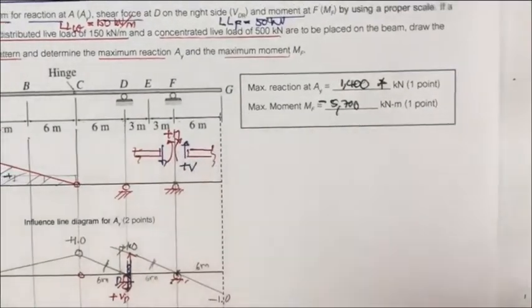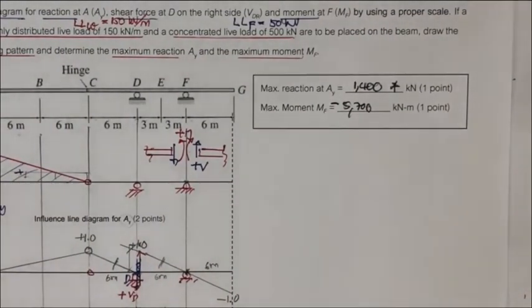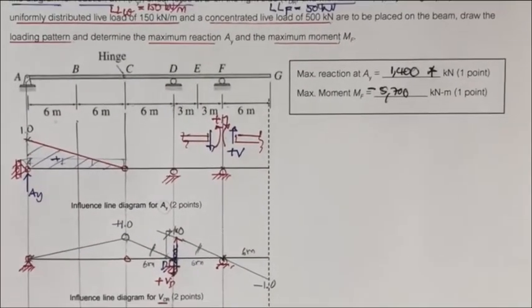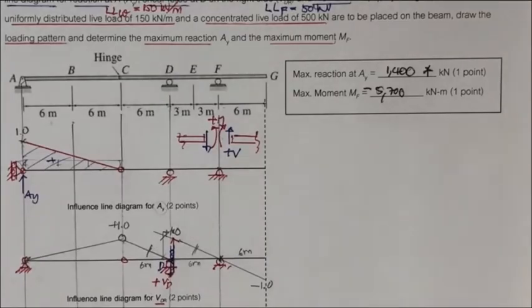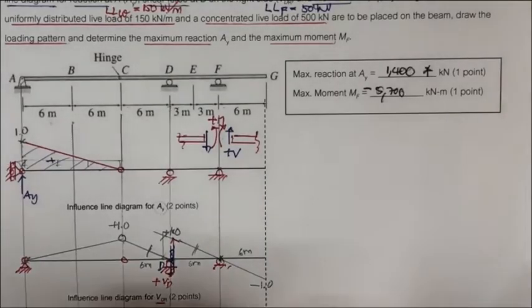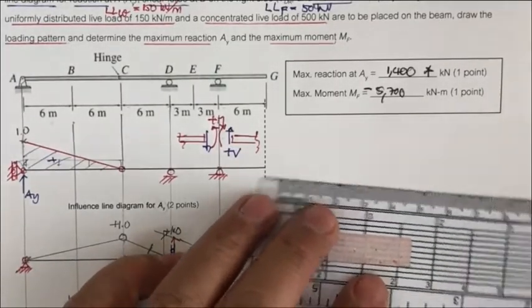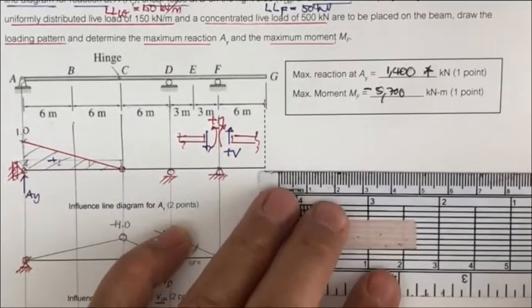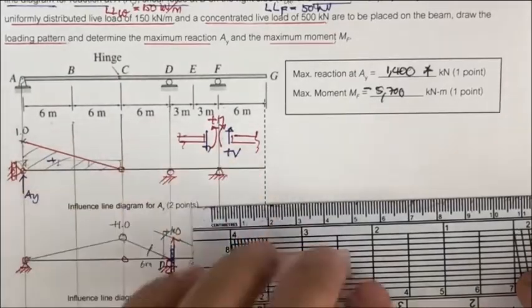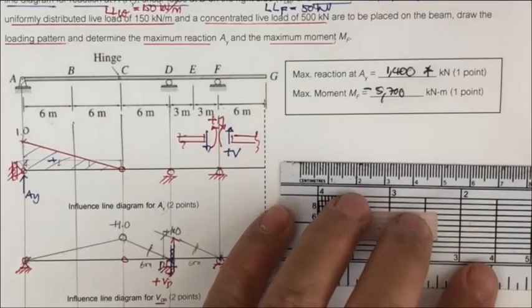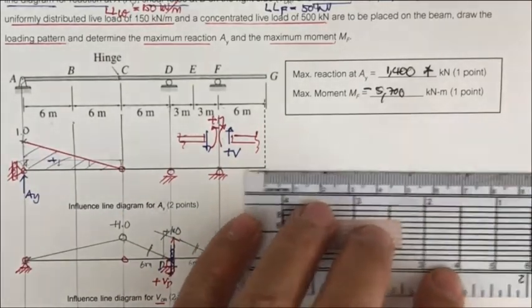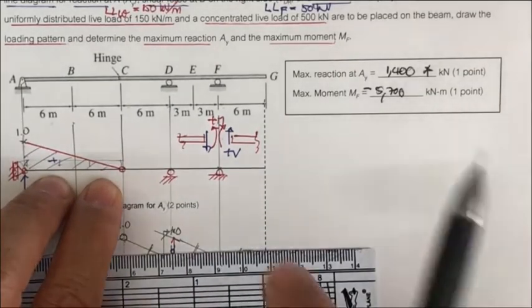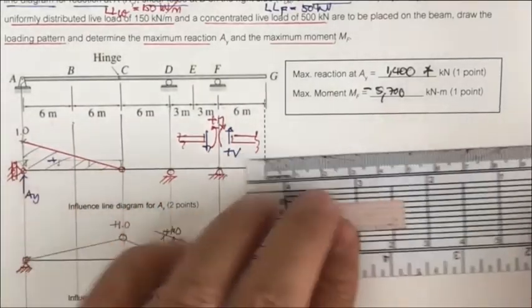Okay, we did a very nice job, and actually we still have another influence line diagram to work on. If you like, we just expand this. Just make it 1.5, 3, 6, 7.5. Let's put it 7.5.